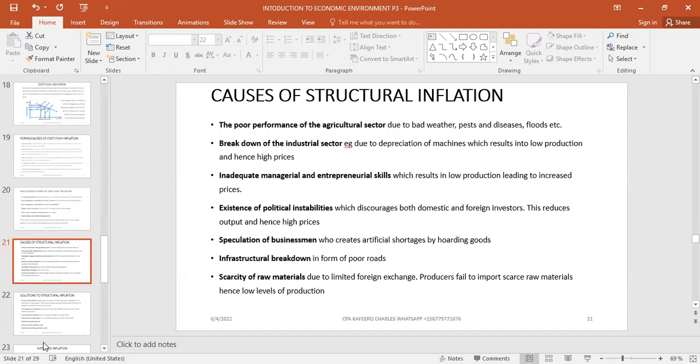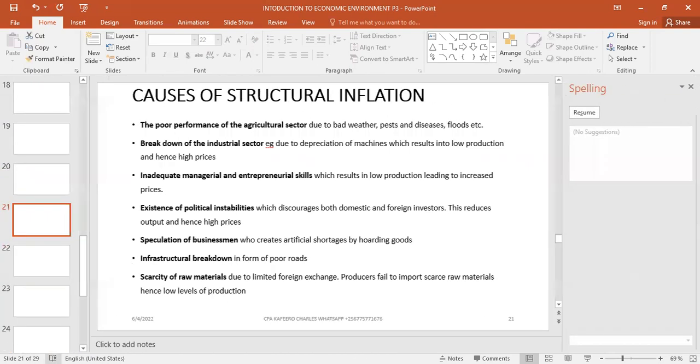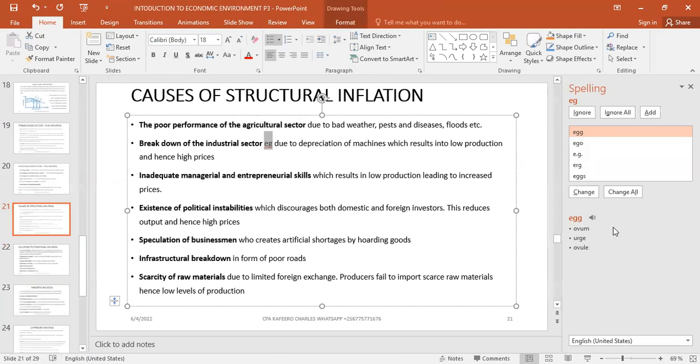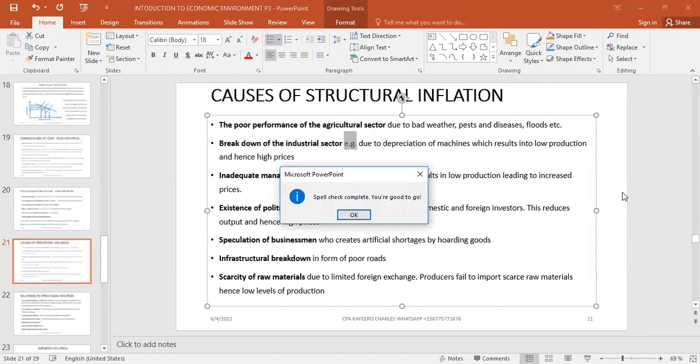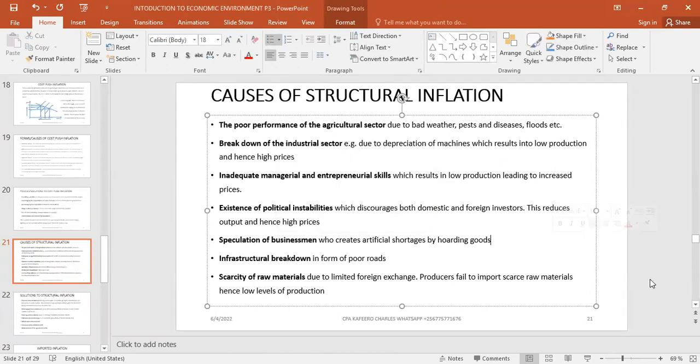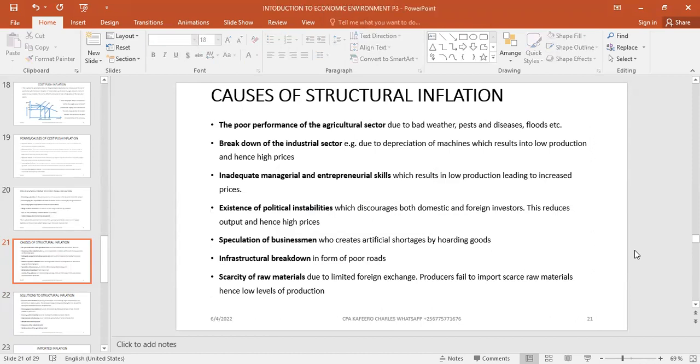Some of the causes: we have poor performance of the agriculture sector. This poor performance comes as a result of, let's say, bad weather.